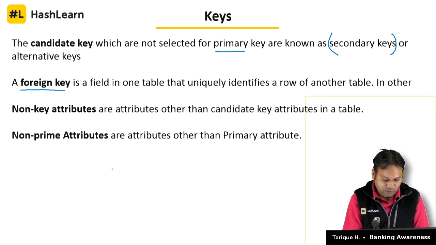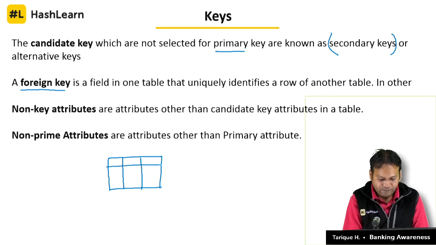So suppose we have one table here, and in this we have a customer number, order number, and an invoice number.